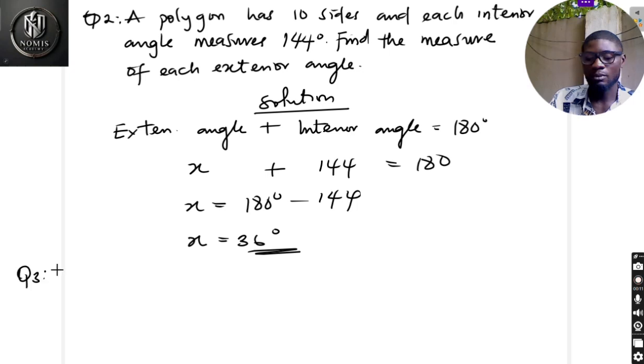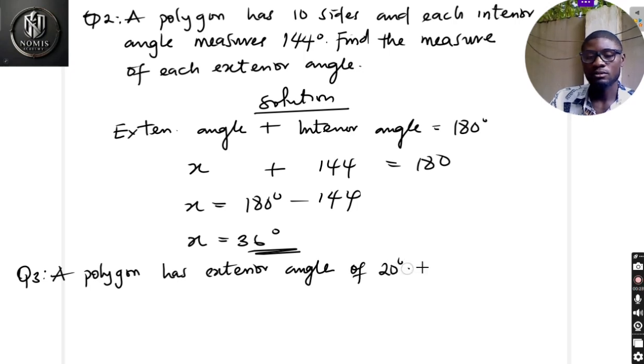Question number 3 says, a polygon has an exterior angle of 20 degrees.